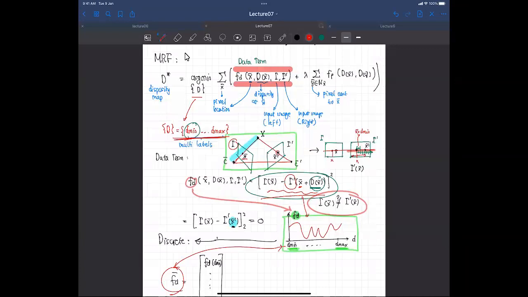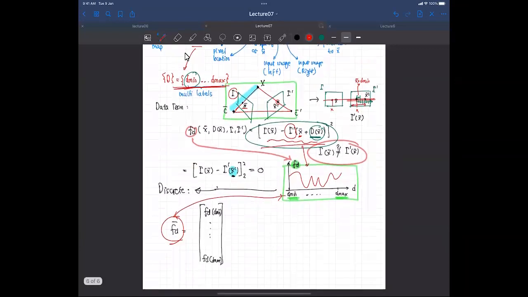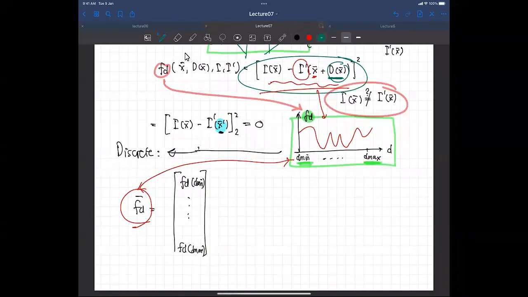Okay, any other questions? Yes. We do not know X prime. That's why X prime is somewhere here, but we do not know. We just don't choose now. We just give this factor.